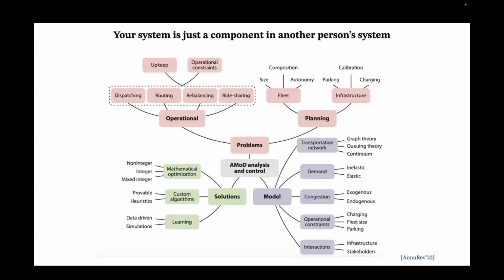Now, there is a big ecosystem. You will see today, we're trying to standardize a bit of some of these things, but you will have all these problems: dispatching, routing, rebalancing, and ride sharing. Sometimes you have constraints that limit this. For instance, upkeeping, charging the vehicles, calibrating the vehicles, and so on. Those can be very challenging. Or even operational constraints, like an electric vehicle can only drive as many miles, and so on.